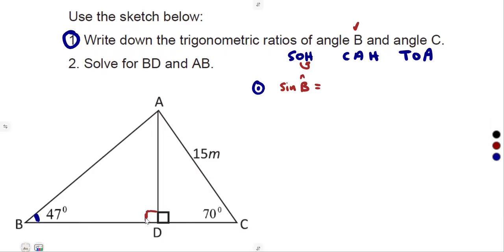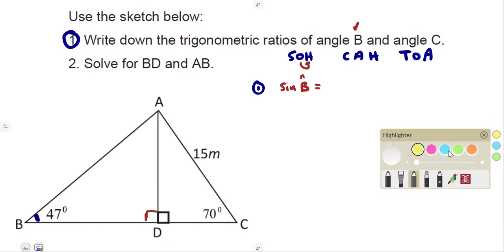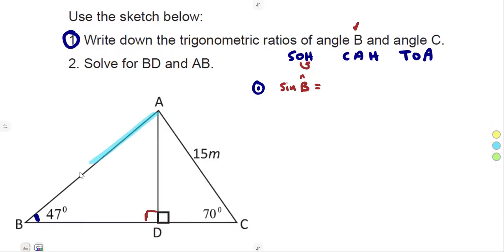So it follows that we have triangle ABD as a right angled triangle. For angle B, all these ratios we are going to focus in triangle ABD. This is the triangle that we are going to use.